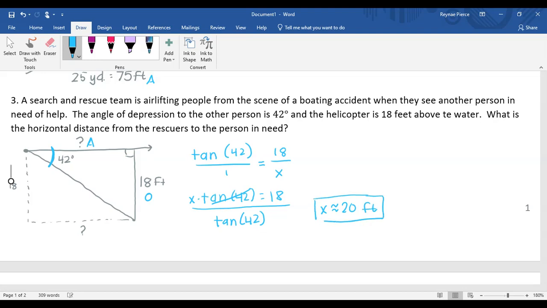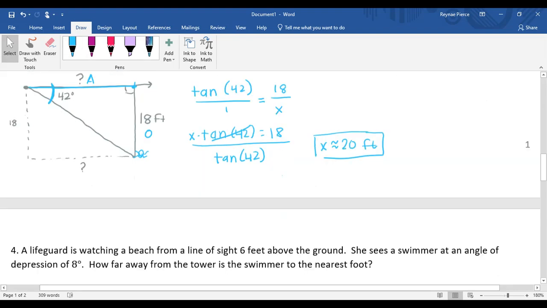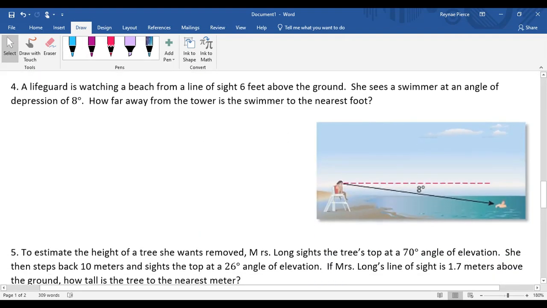So they're going to have to fly about 20 feet to get straight above the person that needs help.